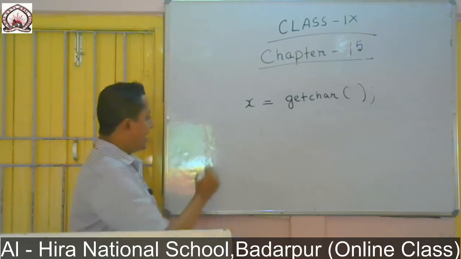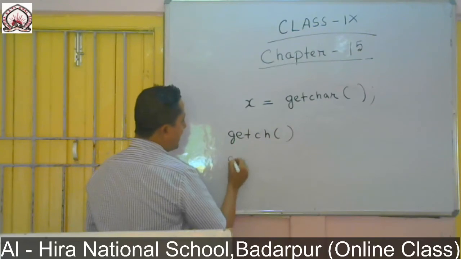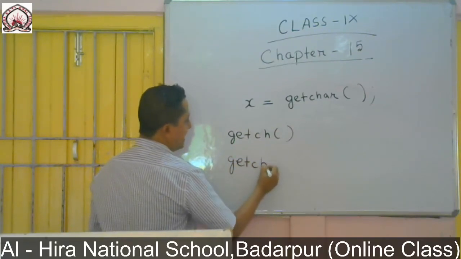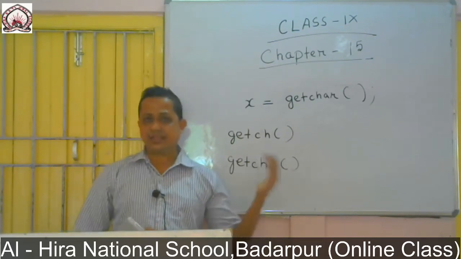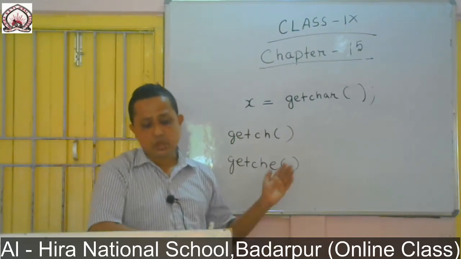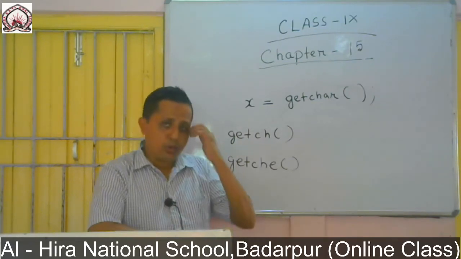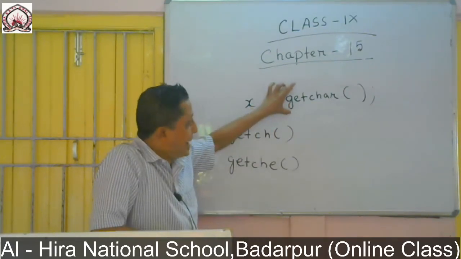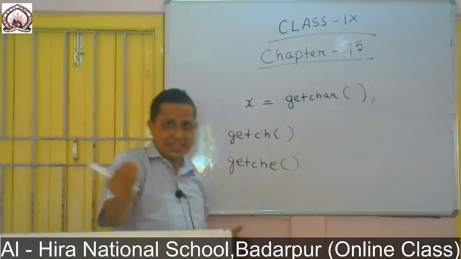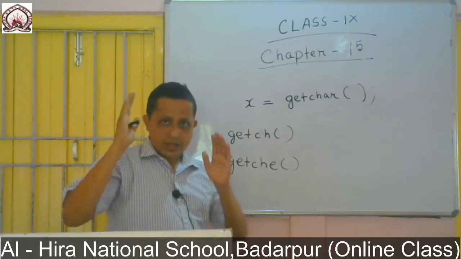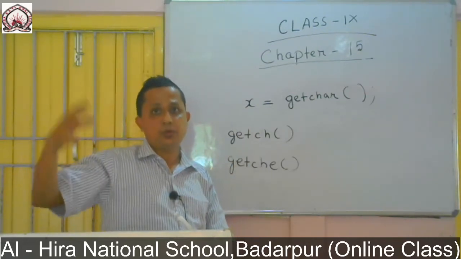Then we have getch function and getche function. Sometimes they work similarly, but they have some differences. These two functions are used to take one character as input. Another thing to remember: get means this function is basically used for getting the input, and for displaying the output it is put.